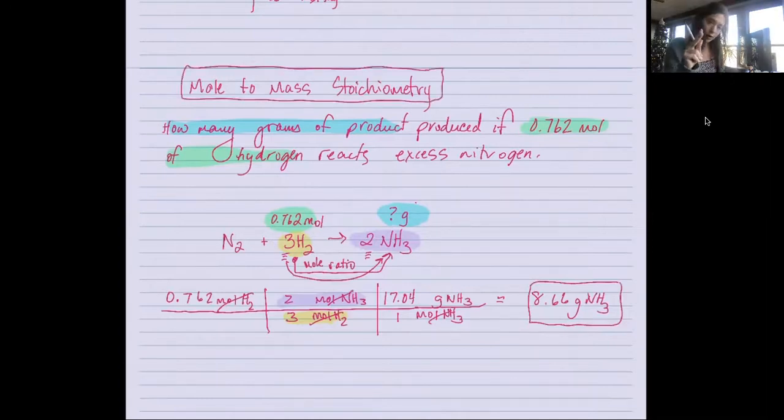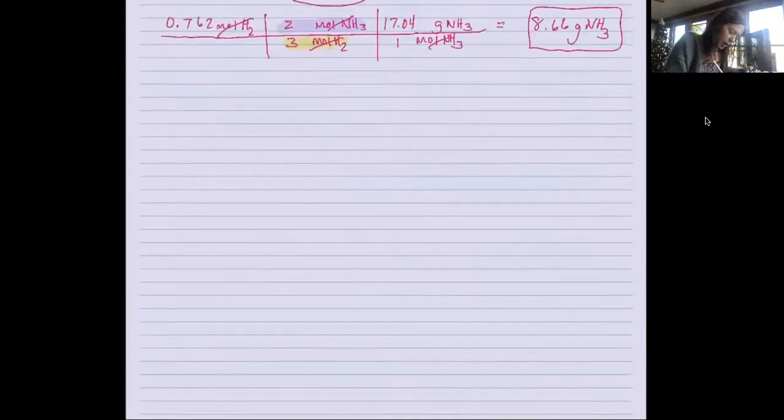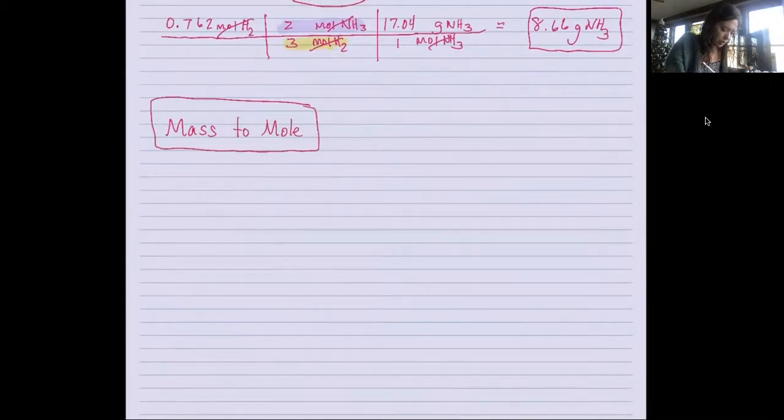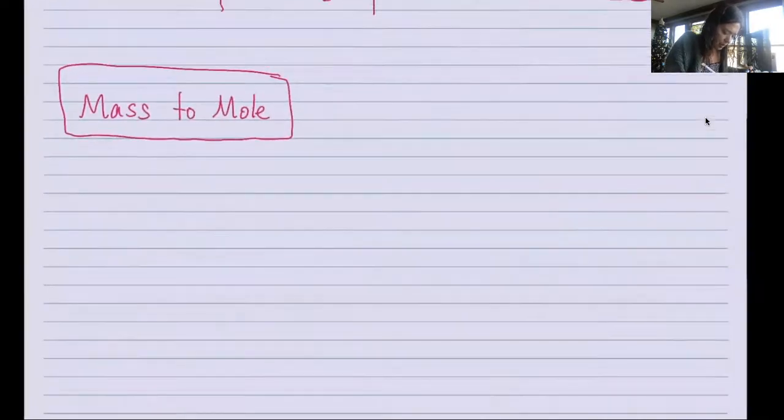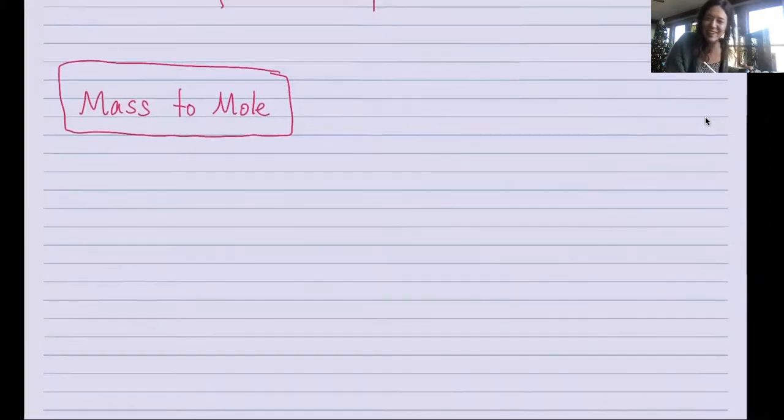There's 2 more. This time we're going to go mass to mole. All right. So you're going to be given grams. You're going to be asked for moles. Let's use our equation. Go back to, how about, I don't know, why can't I think of anything? I can't think of anything. Let's do CH4 plus O2 yields CO2 plus H2O.